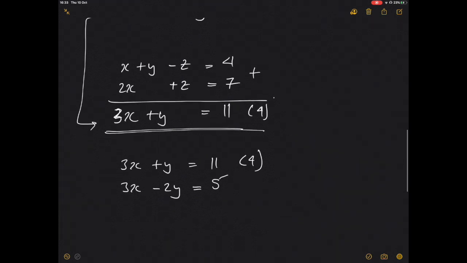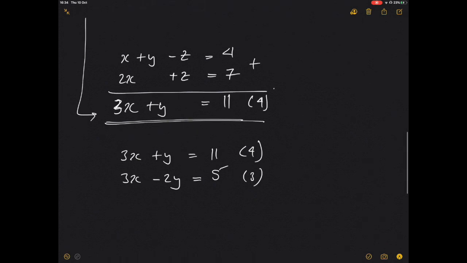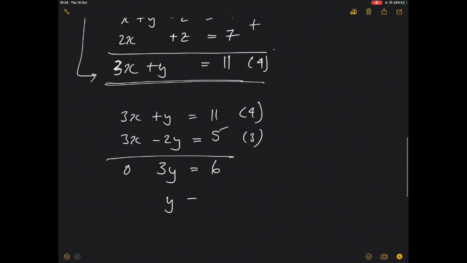If we were to subtract these two from each other, we'd actually get a solution for y. So 3 minus 3 is 0, 1 minus minus 2 is 1 plus 2, which is 3y, and 11 take away 5 equals 6. Therefore, we can find out that y equals 2.